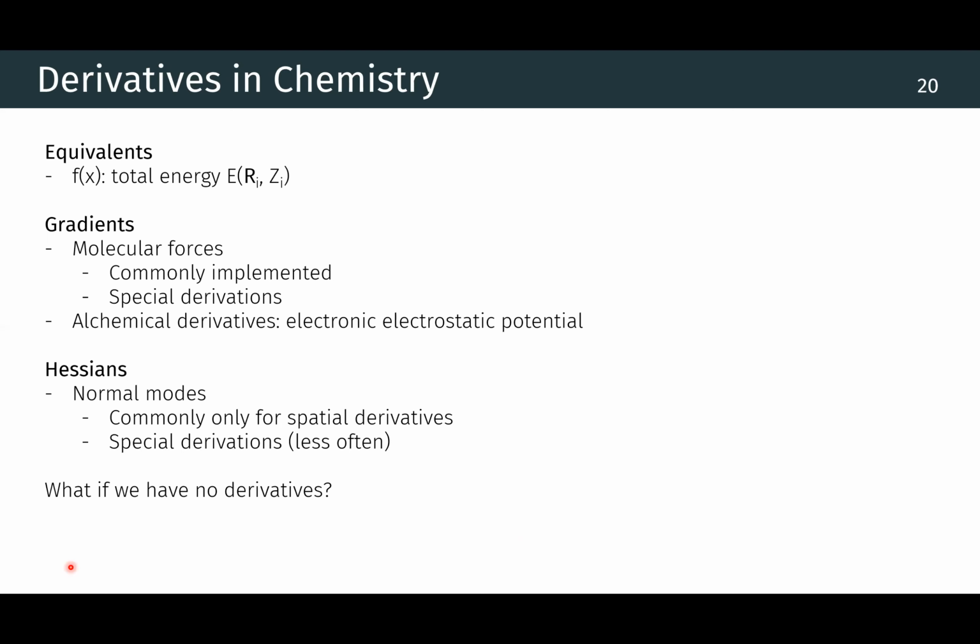So if you think of this target function as an energy, then this energy is a function of both molecular geometry and nuclear charges. So this means that the gradients would be one of two things. It can either be the gradient with respect to the positions, that's molecular forces. And this is commonly implemented in many QM codes.